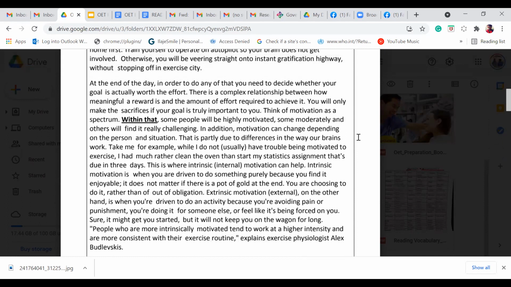At the end of the day, in order to do any of that, you need to decide whether your goal is actually worth the effort. You need to read this part, you need to skim and scan through it so you'll be able to know what exactly the writer is talking about.